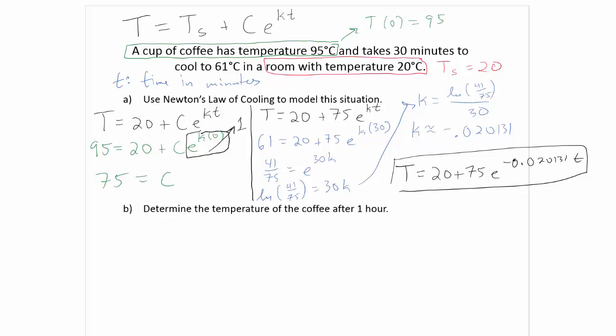And now we're going to finally answer something here. It asks us to determine the temperature of the coffee after 1 hour. Okay, now we have to be careful here because we've said that t is the time in minutes, so we have to recall that that's 60 minutes. And so I'll evaluate T of 60, which would then be 20 plus 75 e to the negative 0.020131 times 60.